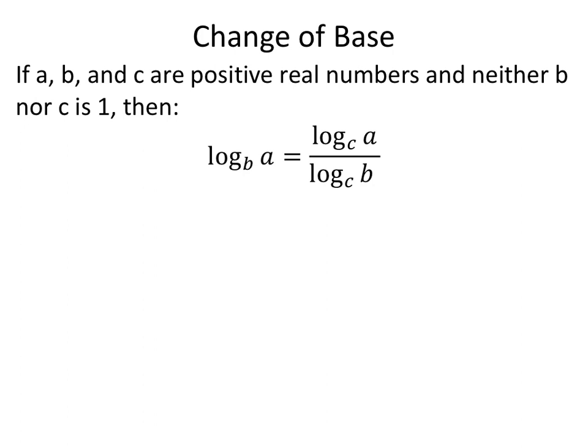Generally, we try to change these into natural logs or common logs, and that's what allows us to put them into the calculator. Again, this is only if we don't like the factoring. With the factoring stuff, we'll do that on the next one, factoring, and then we'll show the calculator.